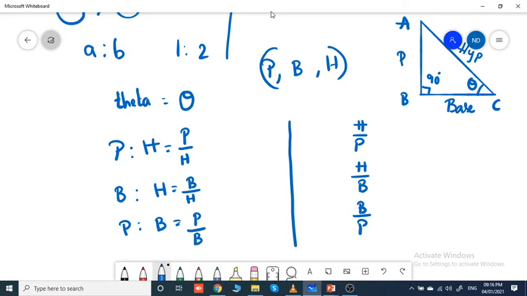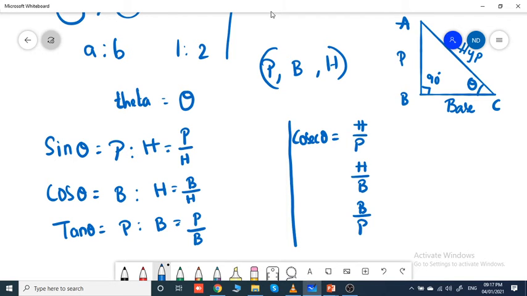At that time they used some different symbols and different terms for all these things. First one is sine theta, since you are using the angle here. Second one is cos theta. Third one is tan theta. Fourth one is cosecant theta.